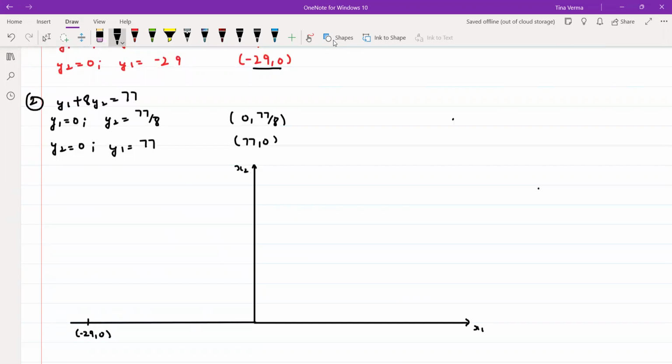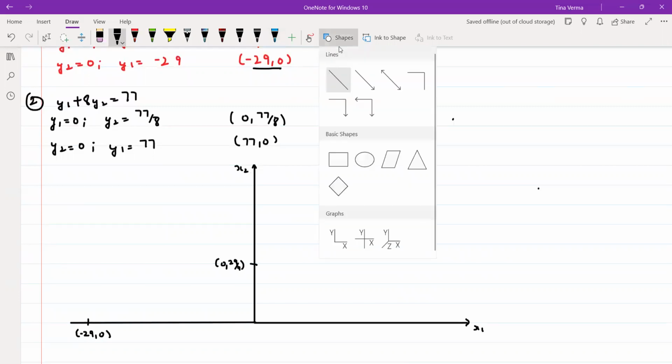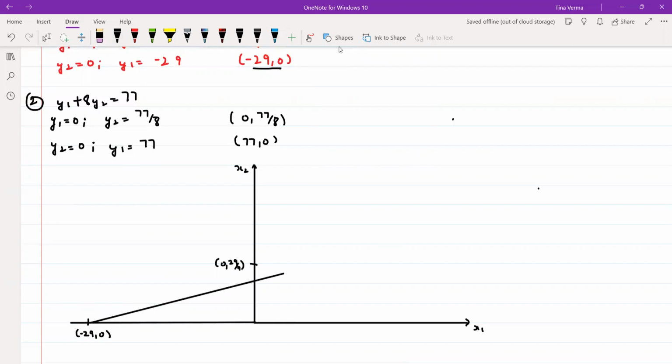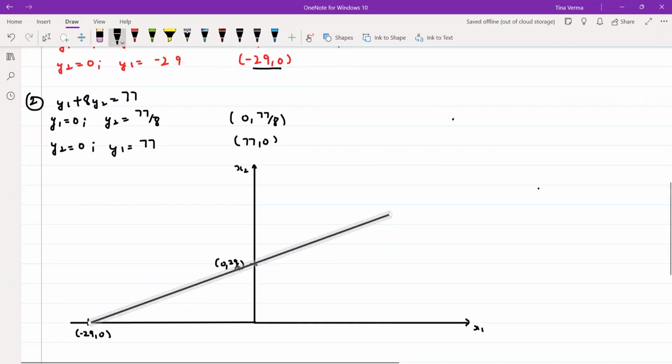And one point we have obtained, 0, 29 by 4, so it will be somewhere here. So that is 0, 29 by 4. Because we have obtained these from one line, I can join them by a line. So this line is nothing but my first constraint, right?